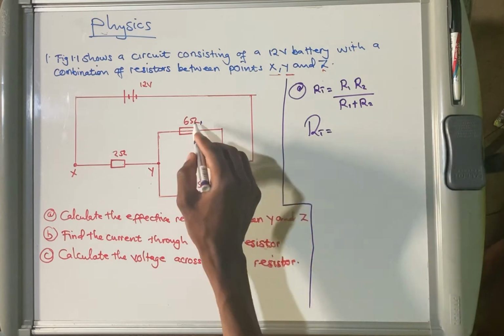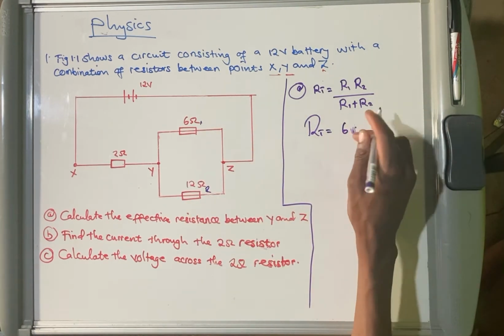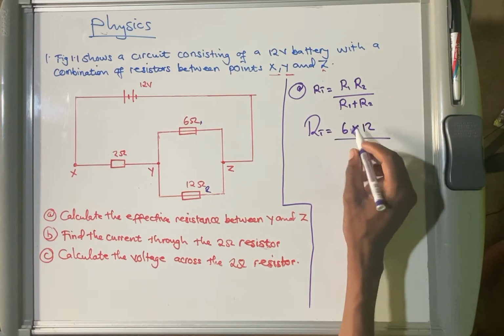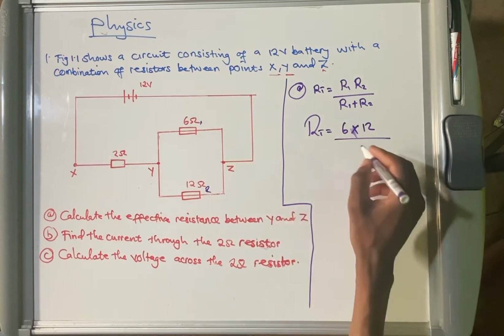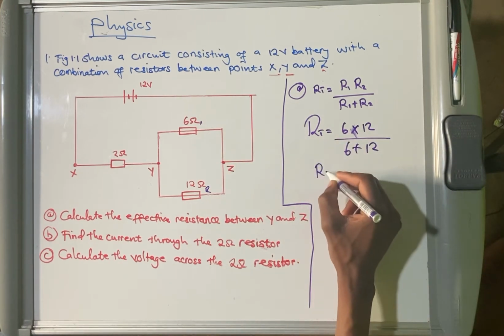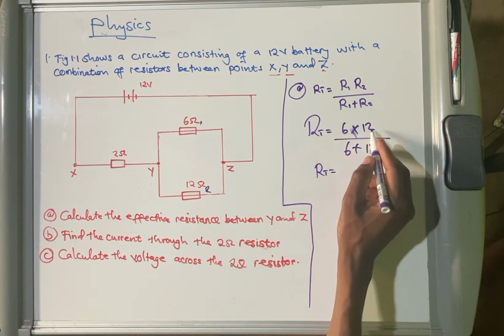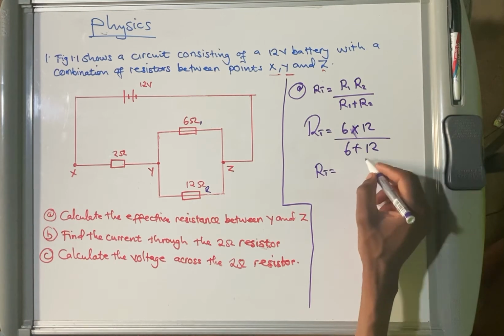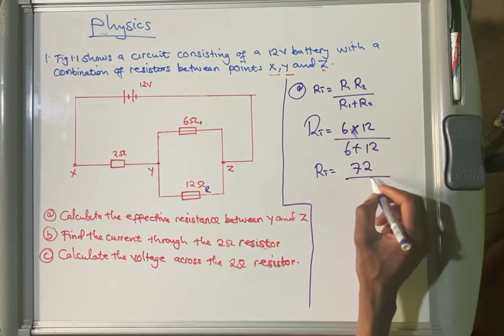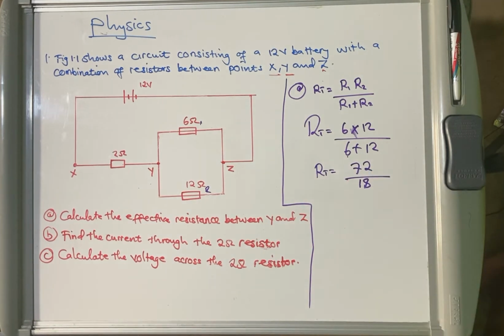So resistor 1 for me is 6, times resistor 2, which is 12, over resistor 1, which is 6, plus resistor 2, which is 12. So total resistance equals 6 times 12, that is 72, over 6 plus 12, 18.